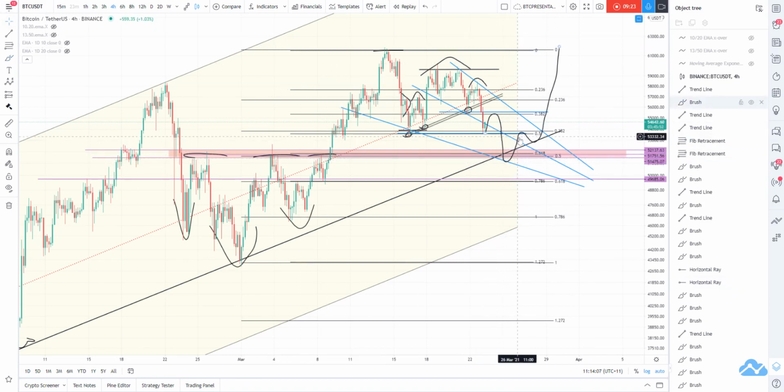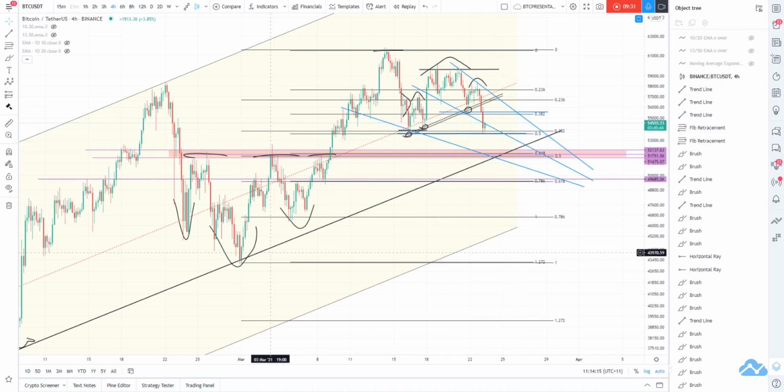So, to recap, we have three elements that confirm. We have the Fibonacci, the trend lines, the support level, and the structure, with either head and shoulders, triangle, or double top, to suggest that we are going deeper down.